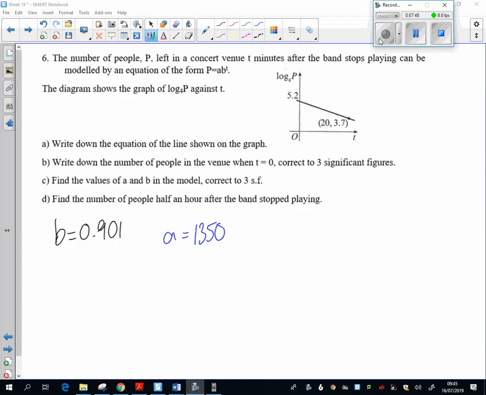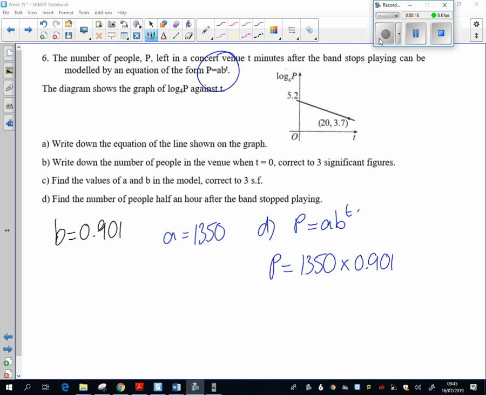Okay, for part D, we're asked to then find a value of p when we're given a value of t. So you can use your linearized model, but for these final bits of the question, it's usually much easier to use the exponential model. So p is a b to the t, so a is 1350, and it told us to round to three significant figures, so I'm happy to use that value in my working.